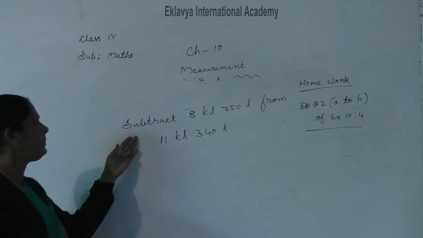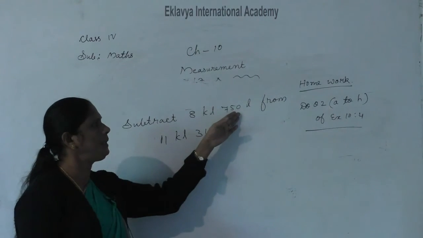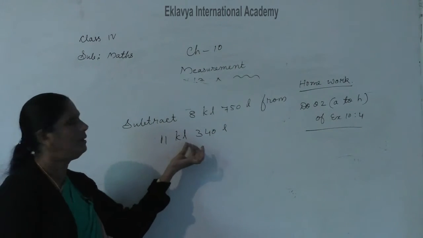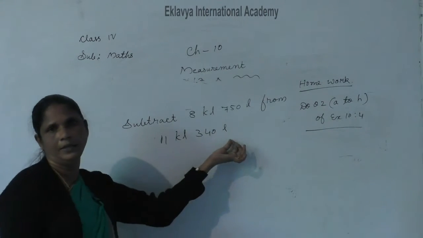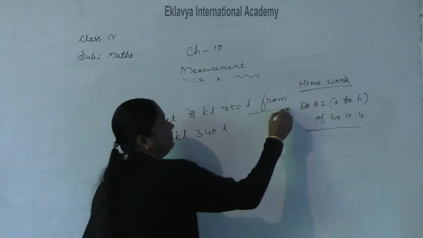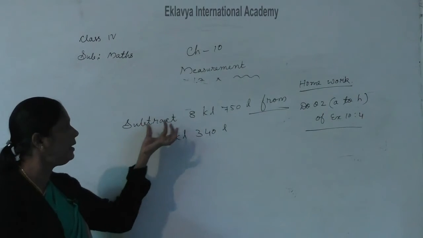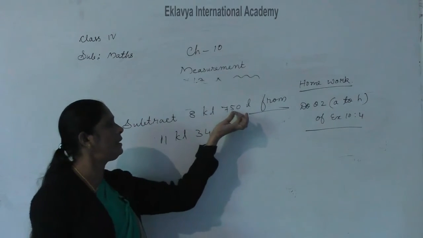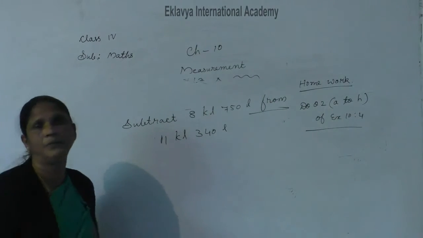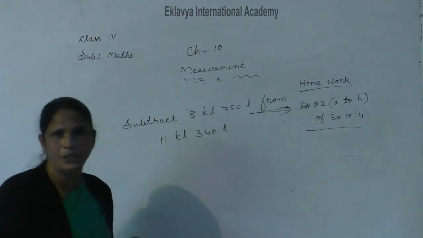Listen, subtract 8 kiloliter 750 liter from 11 kiloliter 340 liter. Which word come here? From. From come in this question.